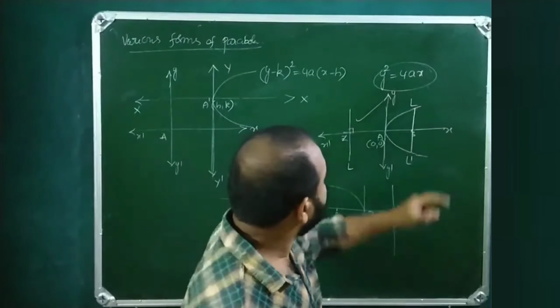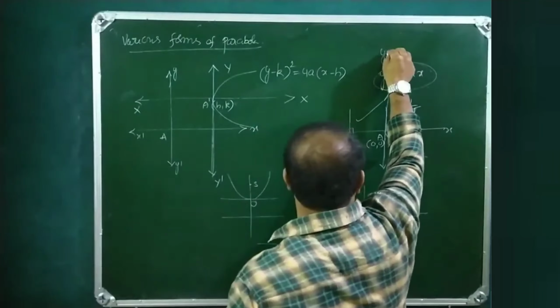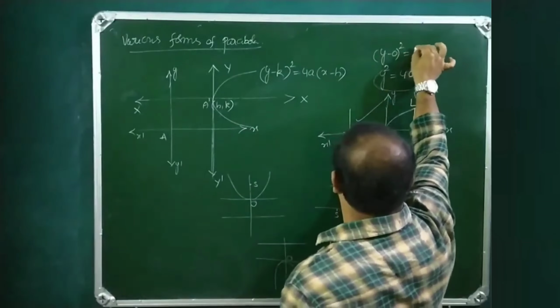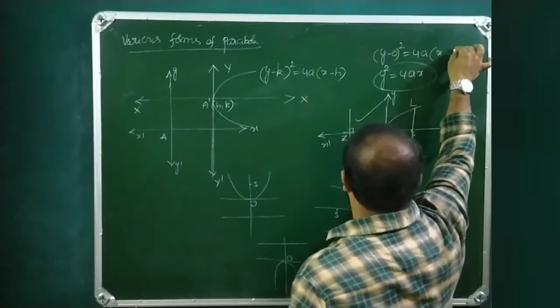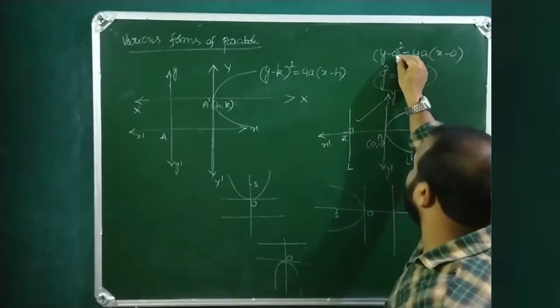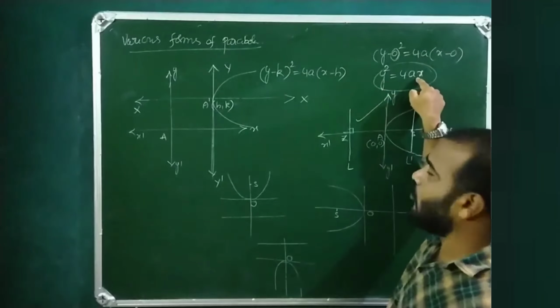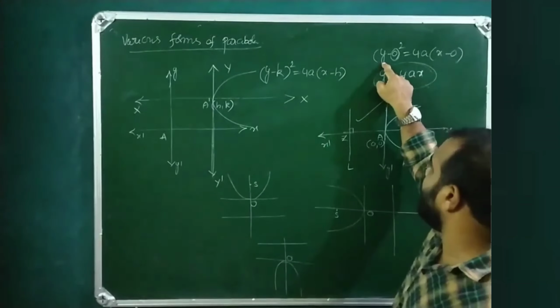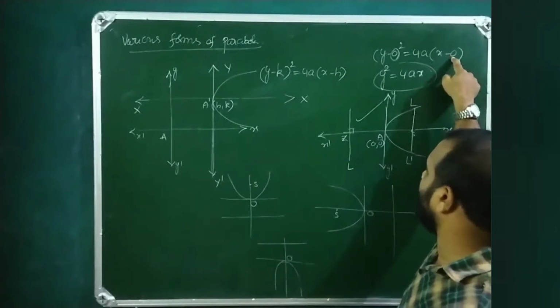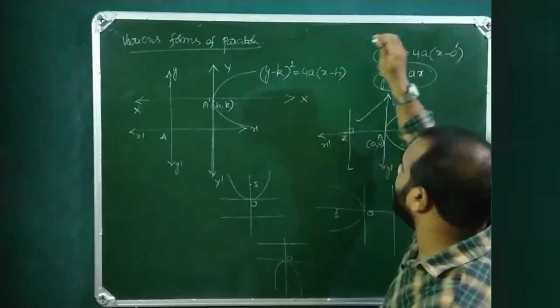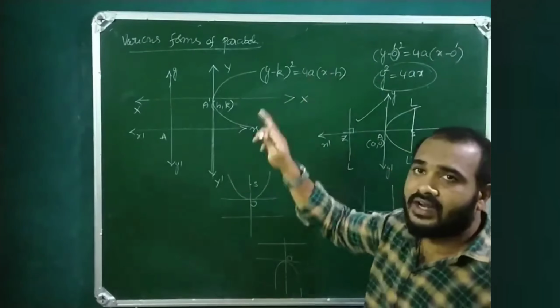Here y square equals 4ax can be written as y minus 0 whole square equals 4a into x minus 0. In the place of 0, 0, we can write h comma k here.